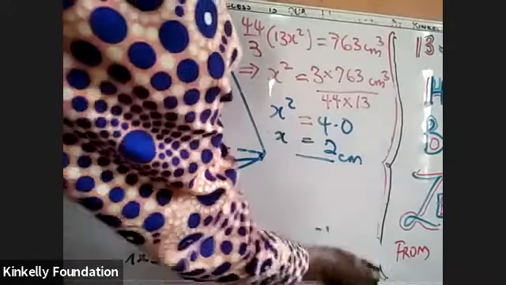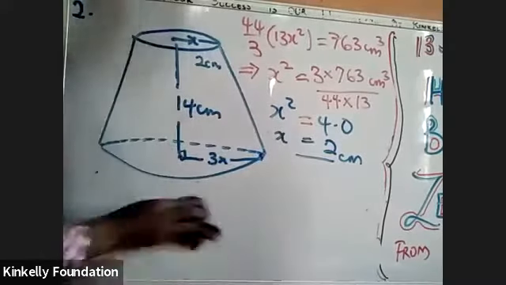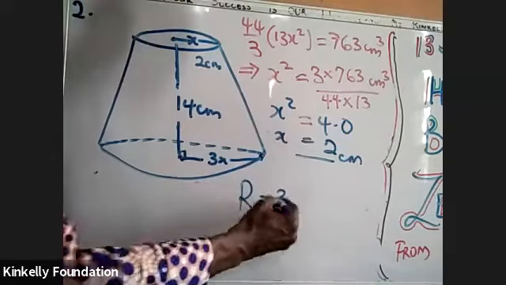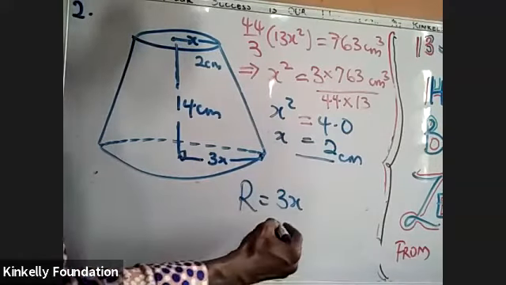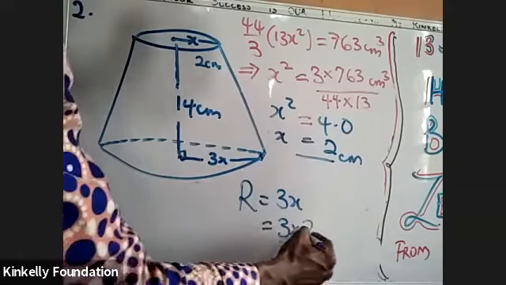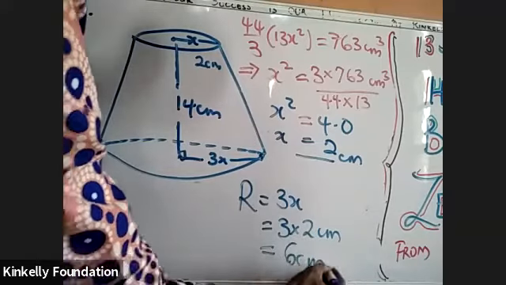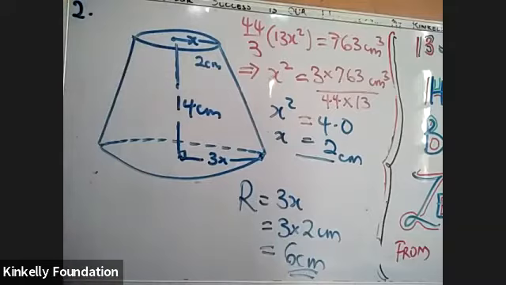We now have that the bigger radius is 3 times x, which is 3 times 2 cm to give us 6 cm. This is the value of that bigger radius.